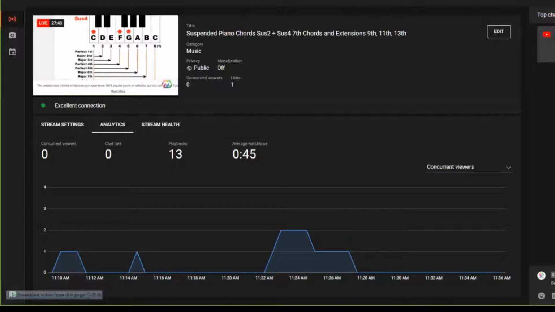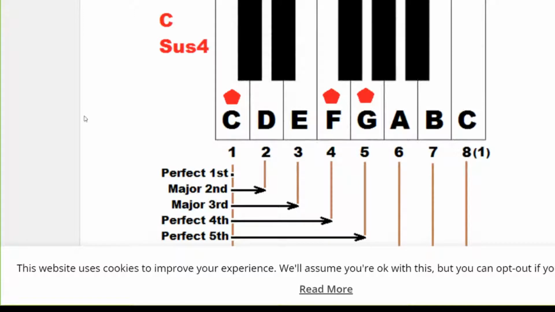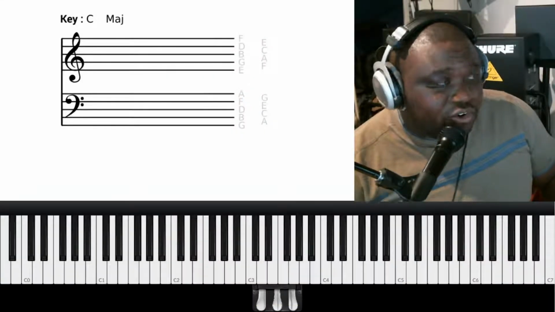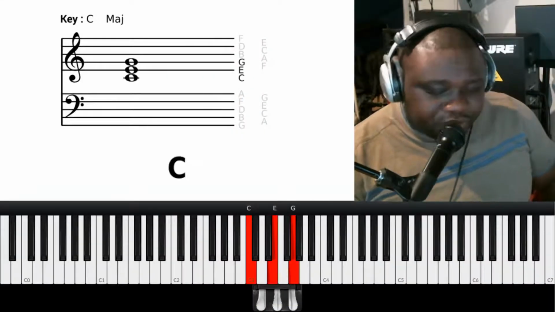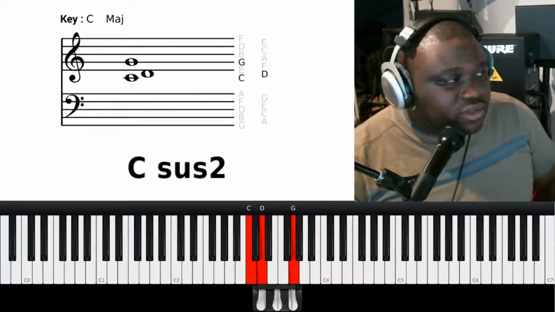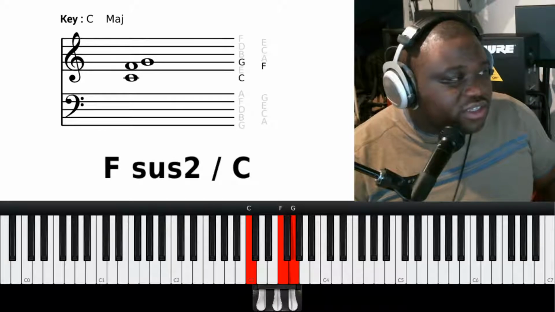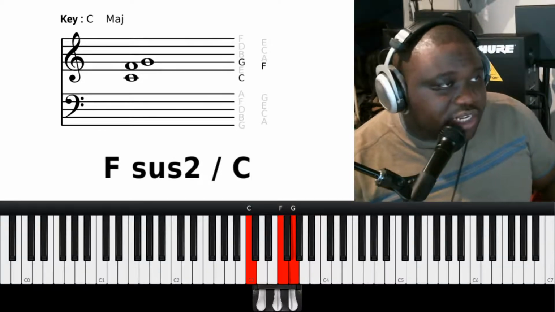I just wanted to kind of show you guys briefly, so it doesn't sound confusing, because it sounds like I'm confusing you guys, because my keyboard is not showing the Sus4, right? It's showing the 2, but it's not showing the 4 concept. But this is a Sus4 is what I'm telling you.